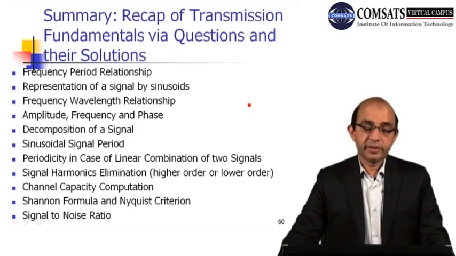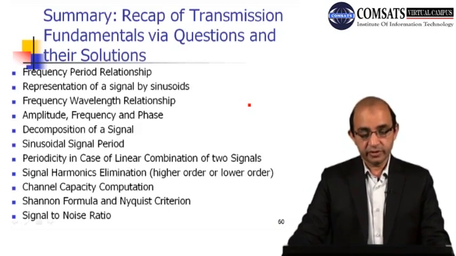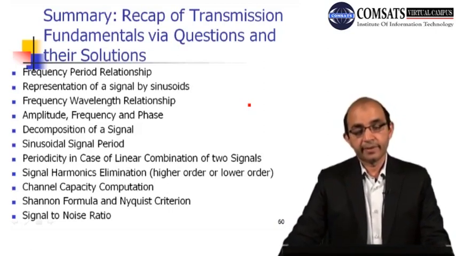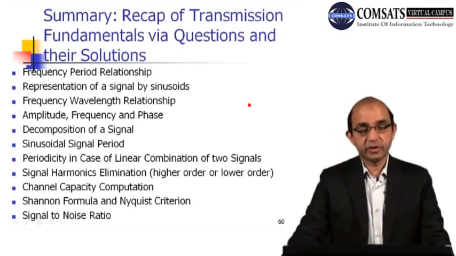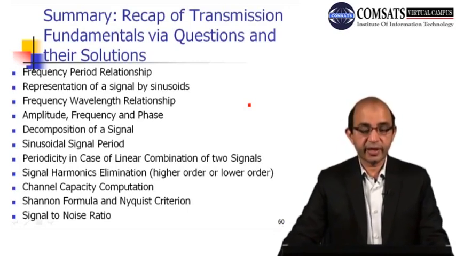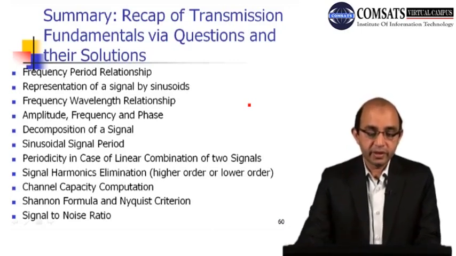Okay, so that's all, and here we have finished the recap of the chapter Transmission Fundamentals. Today we have discussed different topics, different terminologies, and different techniques by solving different questions. So let me conclude.